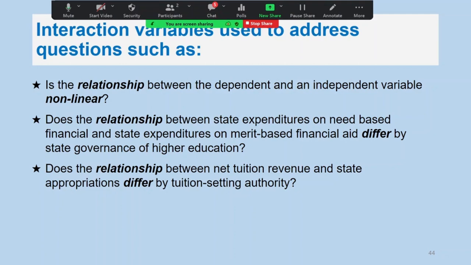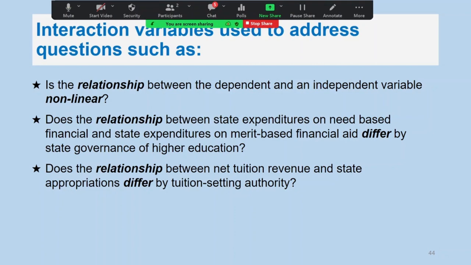So does the relationship between net tuition revenue and state appropriations differ, here's another example, by tuition setting authority? Tuition setting authority: in some states, the institutions can set their own tuition. No one, for the most part, can prevent them from doing that, right? Other states, as Maryland is, you have a Board of Regents.